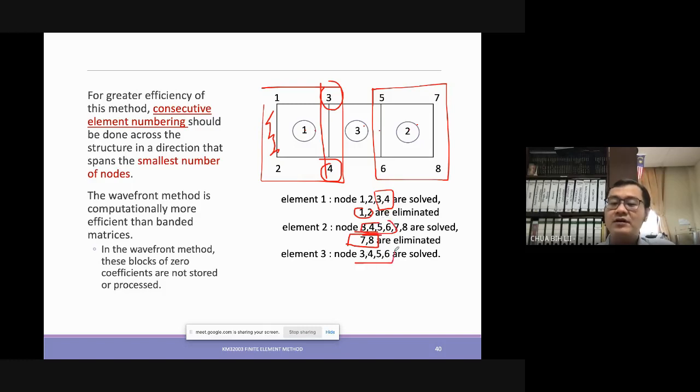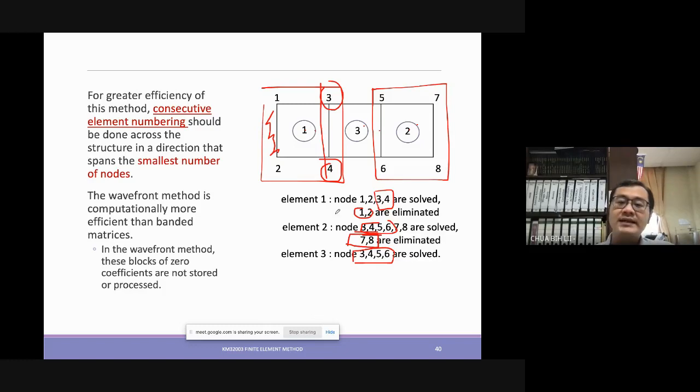Therefore, node 7 and 8 have been eliminated and solved, leaving the other 4, right? By seeing this, you can see that the maximum number of nodes involved in one particular set of elements to be solved is 6, instead of 4. If you jump more, then the number of nodes left unsolved will get greater and greater, right?